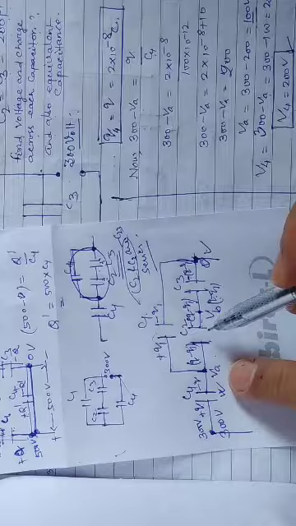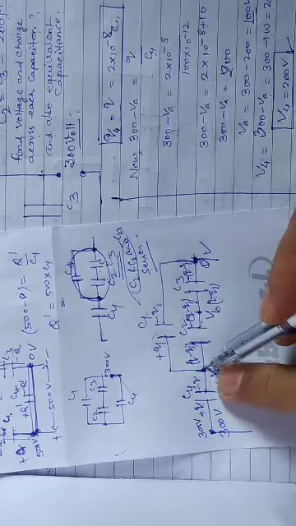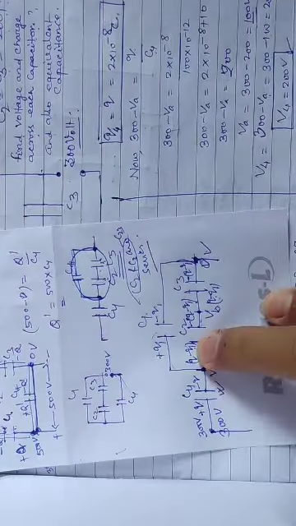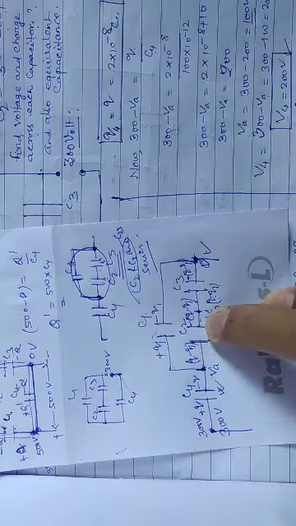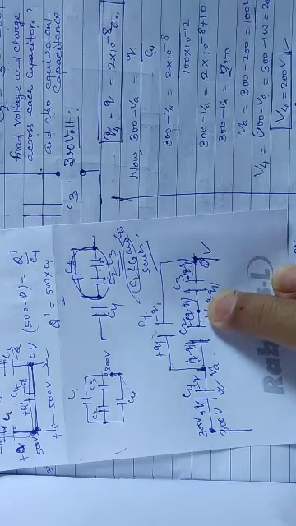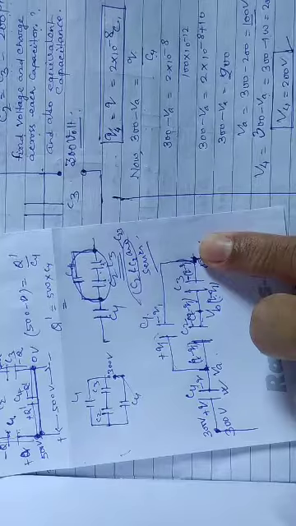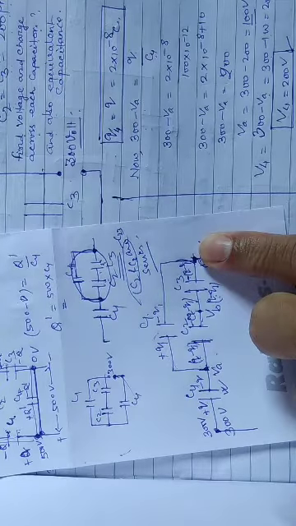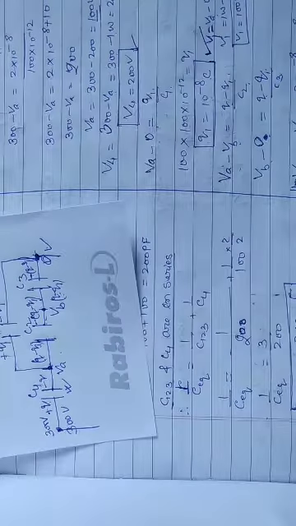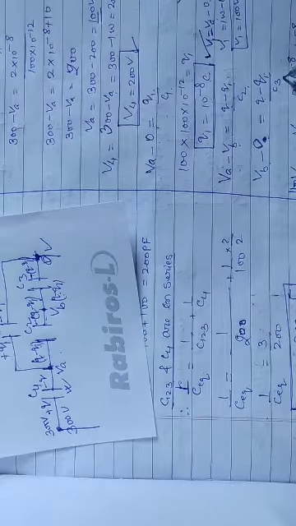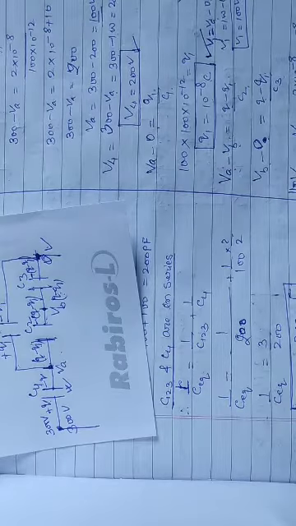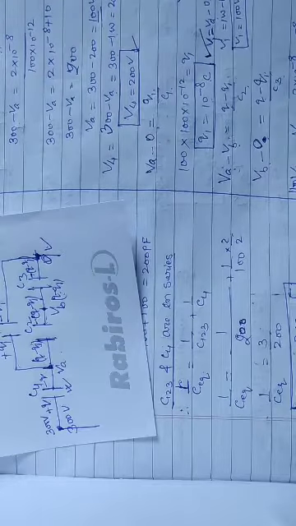Now for C2, it is VA minus VB is equal to (Q minus Q1) by C2. Similarly, for C3 it is VB minus 0 is equal to (Q minus Q1) by C3. Now VA is 100, VB we have to find out. Q and Q1 are known, put their values.